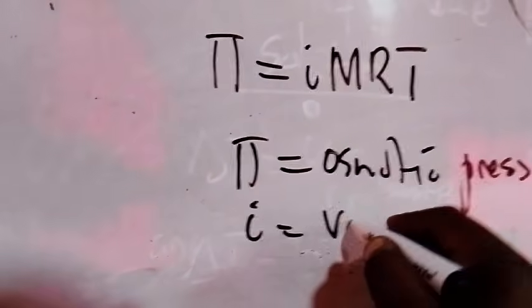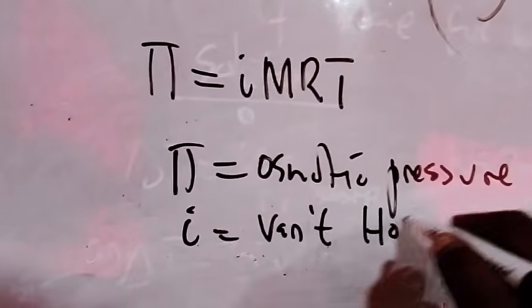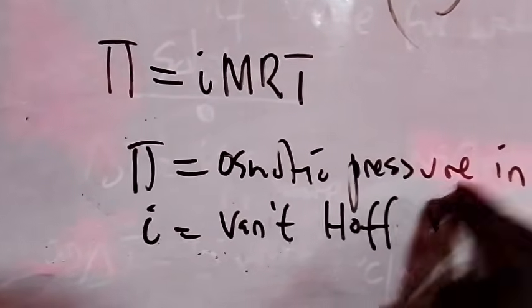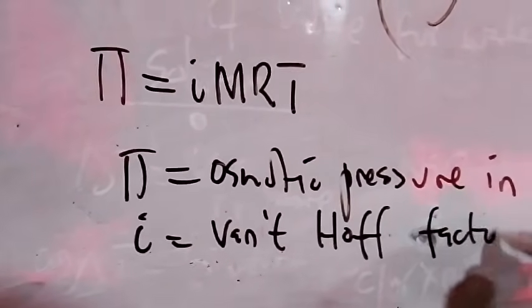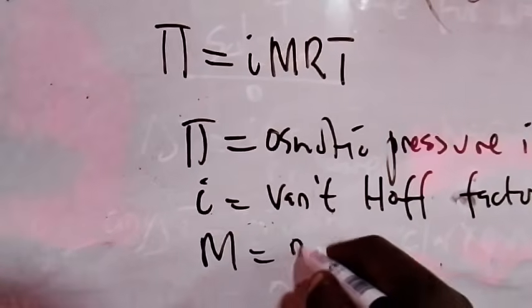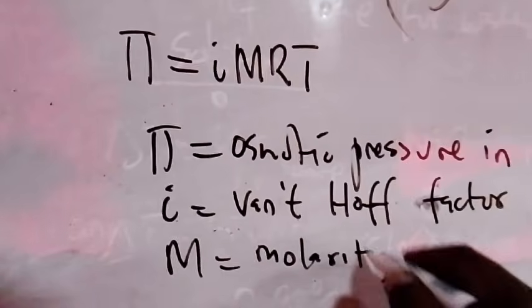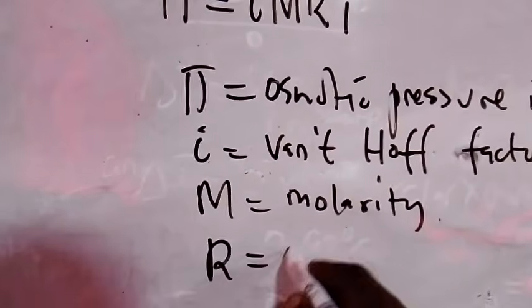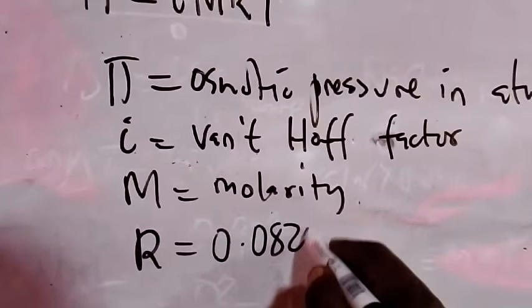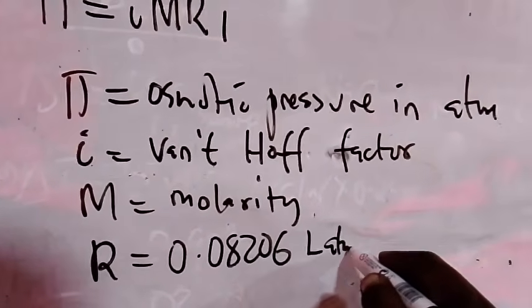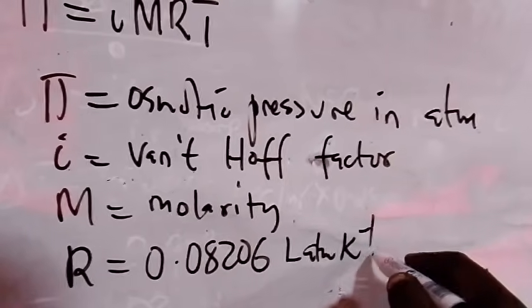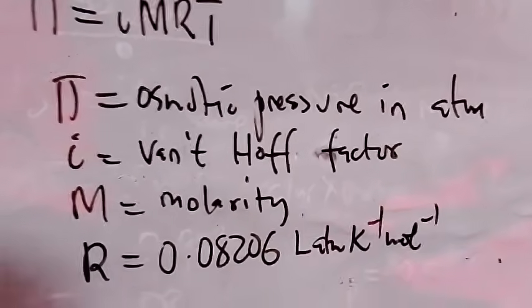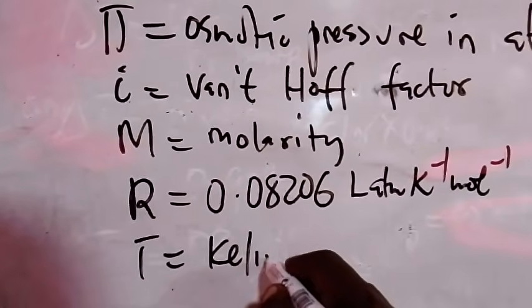Then i is the Van 't Hoff factor. M is the molarity in mole per liter. R is the gas constant, 0.08206 liter atmospheres per Kelvin per mole. Then T is the temperature in kelvins.